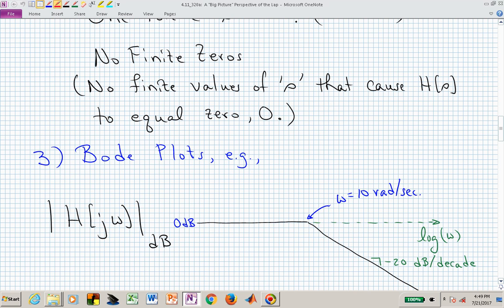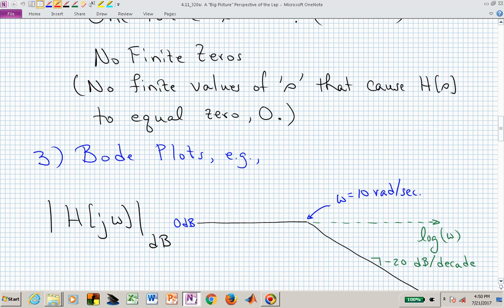At omega equal to 10, let's say that we start at 0 dB, then 20 dB per decade. A decade beyond 10 is a factor of 10, which means that 10 times 10, or if we were to move out to omega equal to 100 in this Bode plot and look at the magnitude of our transfer function at 100, it would be at minus 20 dB.